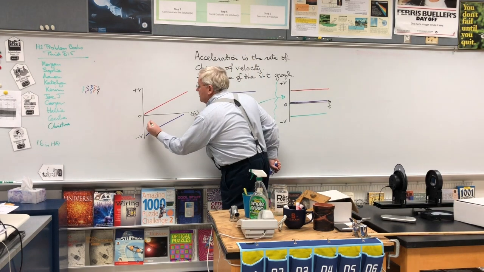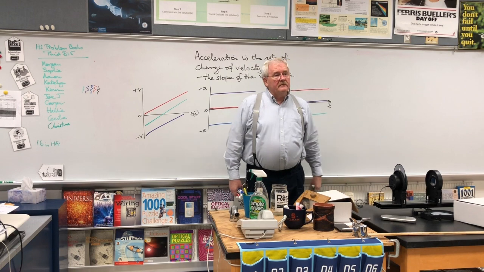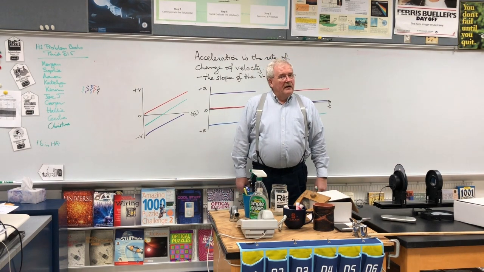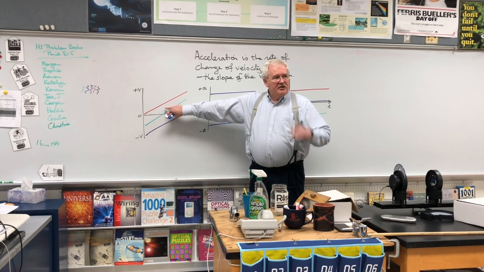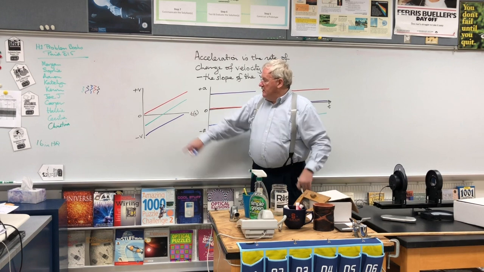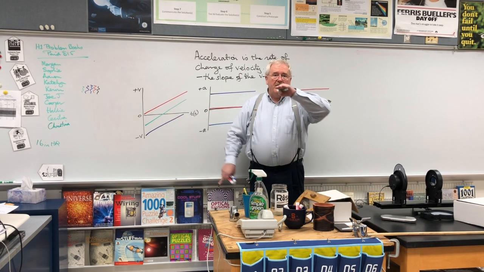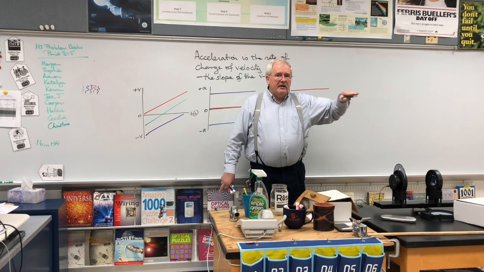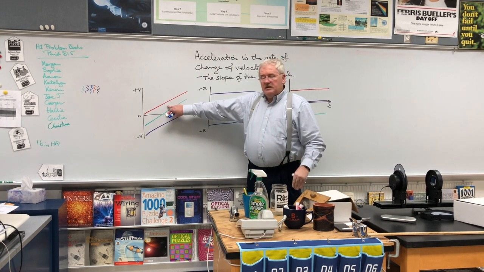So in this case, we could have that. The slope is constant. It's only one value. So that means that the velocity is changing. And remember, we will only ever deal with a constant acceleration, that is, a constant slope for the velocity time graph.